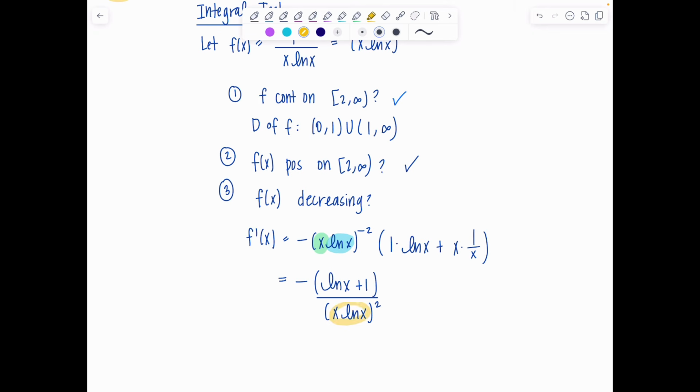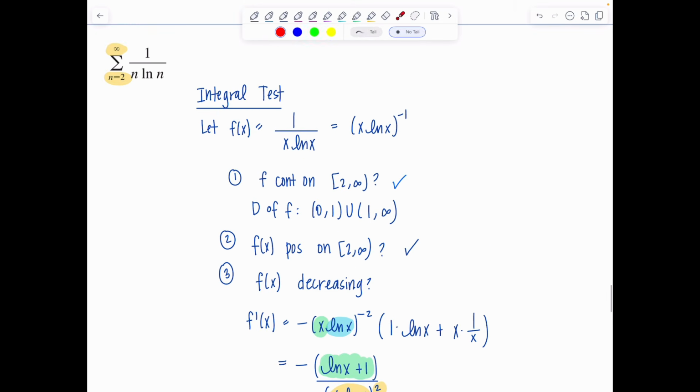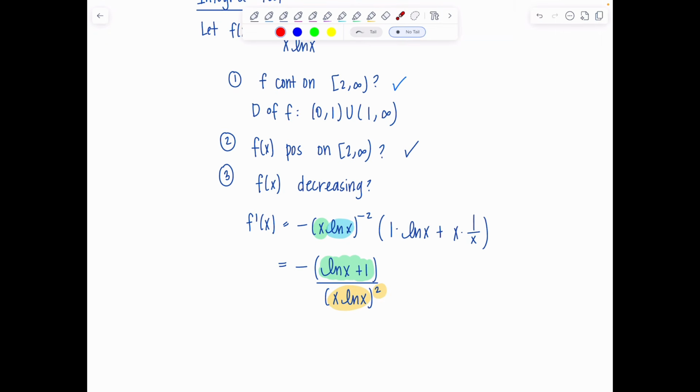Notice here, this denominator is positive. Ln of x plus 1 is going to be positive because we're on the interval from 2 to infinity. So you don't have to worry about the entire possible set of values you can plug in for x when you're checking that f prime is negative. You just want to make sure that the values that match with the index of summation will yield a negative derivative.